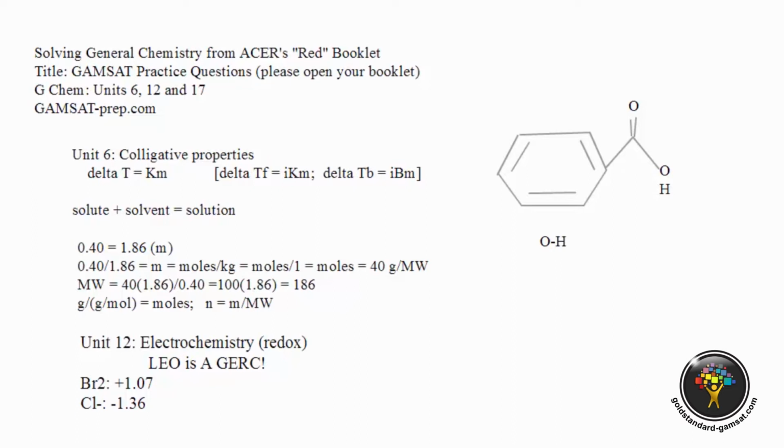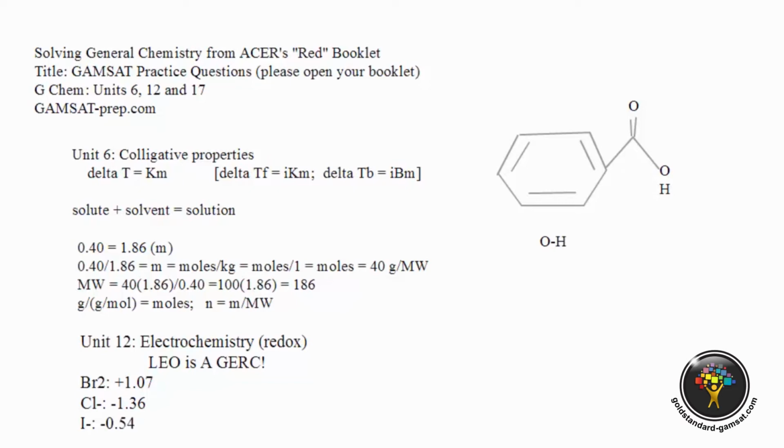Now, let's look at iodine. Now, if we have I minus, which is the opposite reaction of the reaction in the table, it's a reaction where electrons will end up being given off, then we end up with minus 0.554.